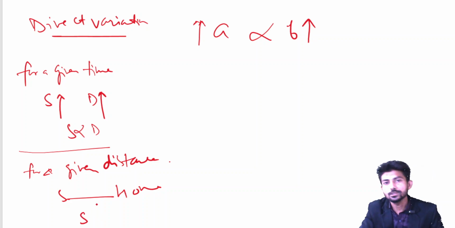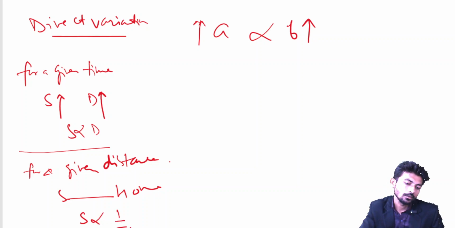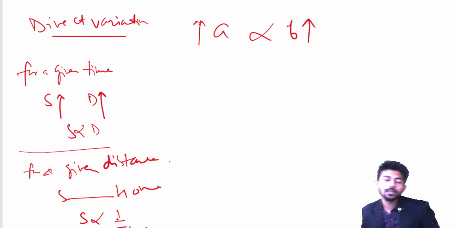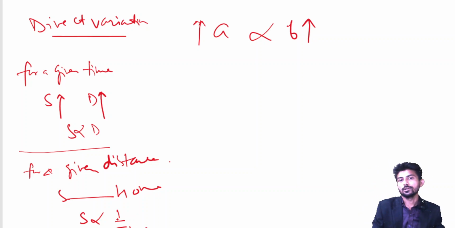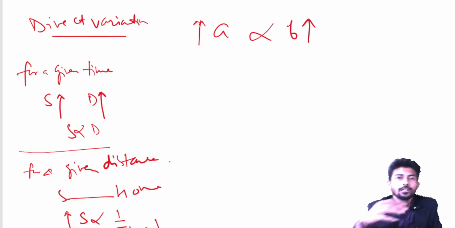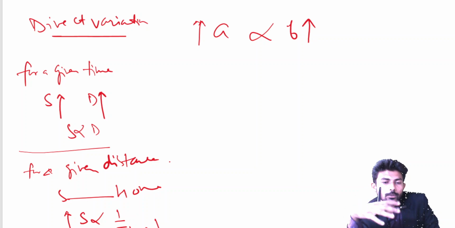Just assume there are two cases. In the first case, we are moving at a particular speed, and in the second case we are moving at a higher speed, so the time will be different. If speed is high, time taken will be less. So this is the relation of inversely proportional. Speed and time are inversely proportional to each other.